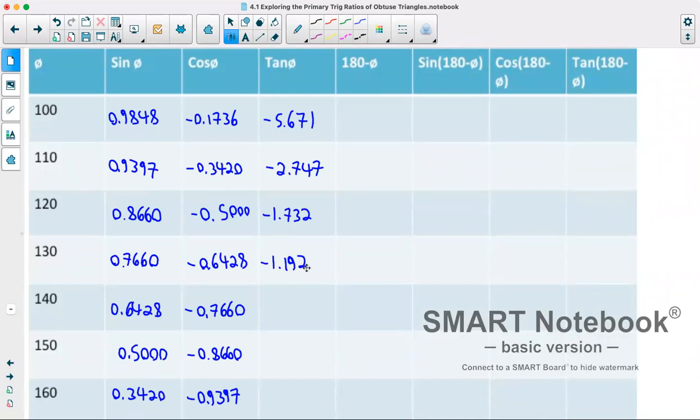Tan of 140 gives us 0.839. Tan of 150 gives us negative 0.577. Tan of 160 gives us negative 0.364.